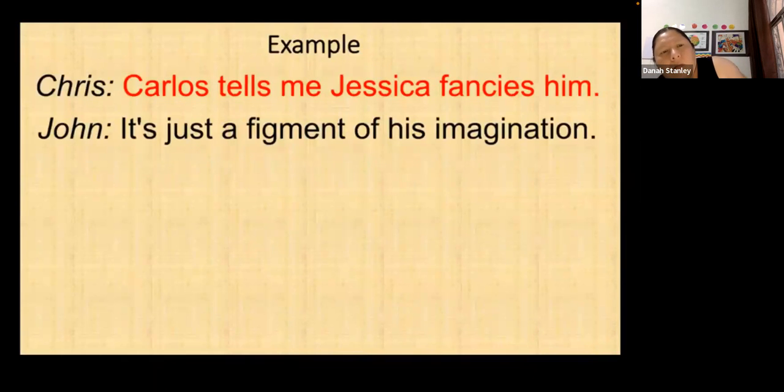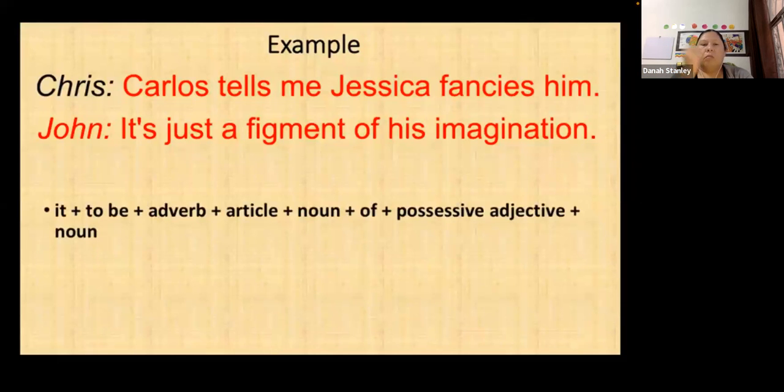For example, look at this conversation between Chris and John. So Chris says, Carlos tells me Jessica fancies him. John says, it's just a figment of his imagination. According to the grammatical approach, what the brain does in this case is it accesses every single part of this sentence and then it puts it together.